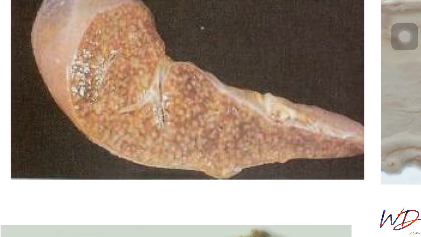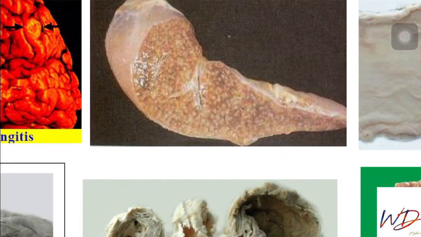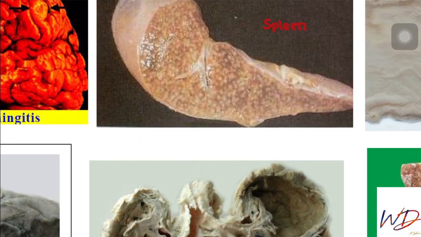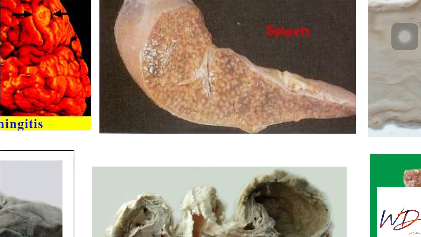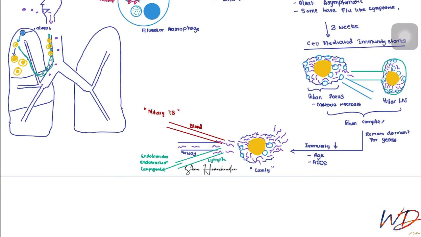These are granulomas which are formed in the spleen. This is the spleen, a major organ involved in fighting off infections, and you can see the yellow cavities. So miliary TB, we need to talk about that in detail.